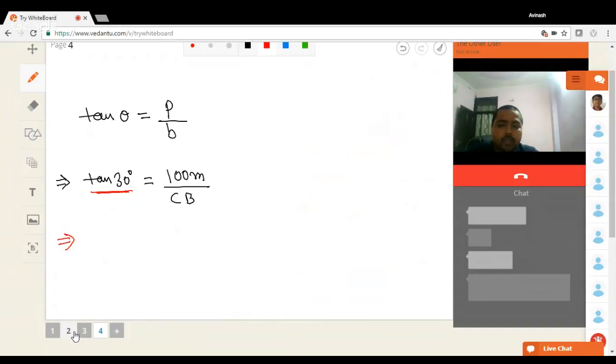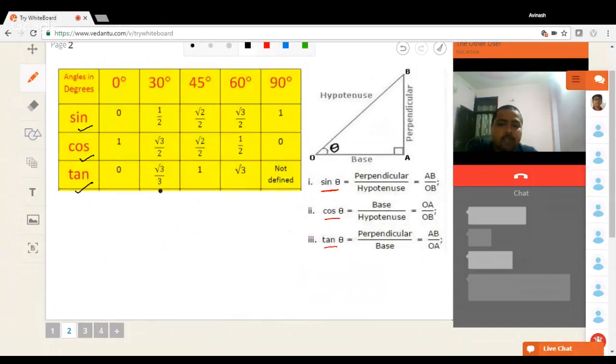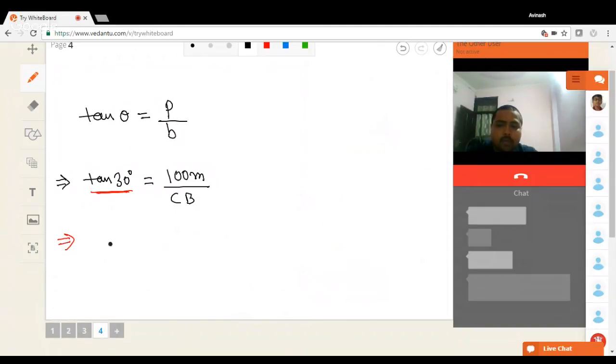From the chart, the value of tan 30 degree is given as root 3 by 3. In general we say it is 1 by root 3. So we can write 1 upon root 3 equals 100 meter upon CB.